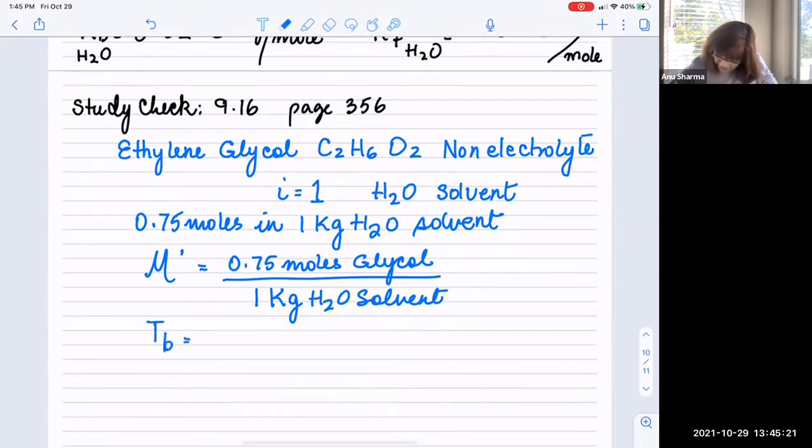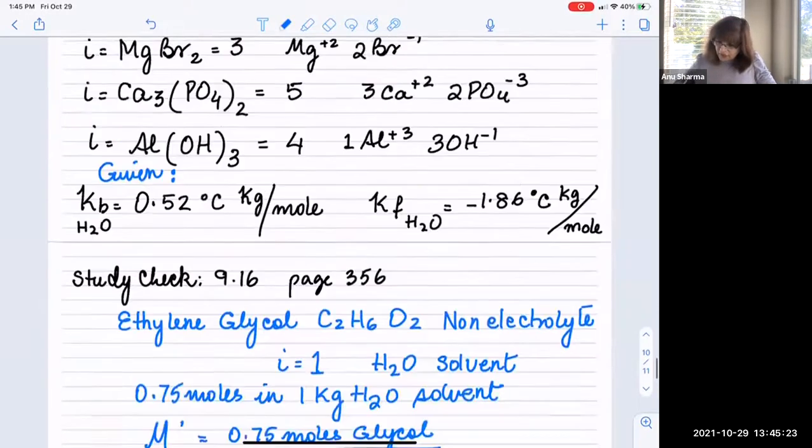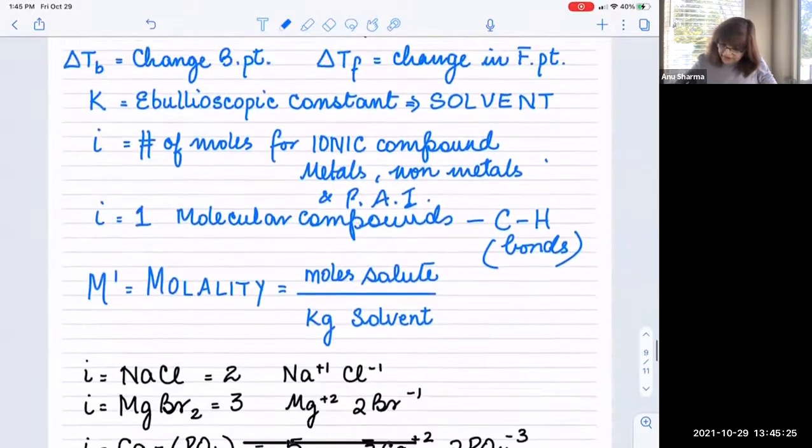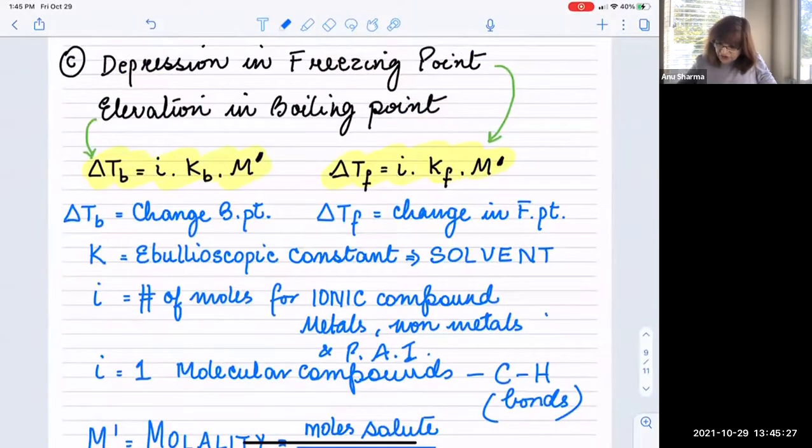So find the boiling point. When we talk about the delta Tb, the change in boiling point means the final temperature minus the initial temperature is equal to delta Tb.